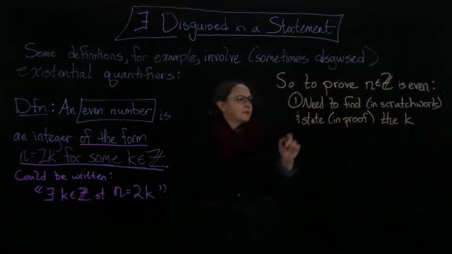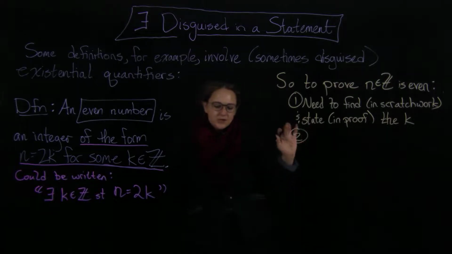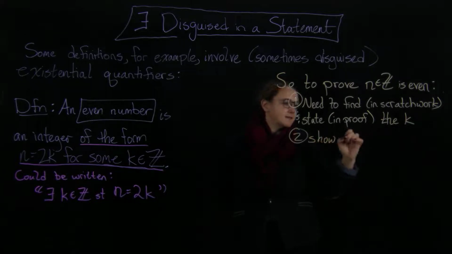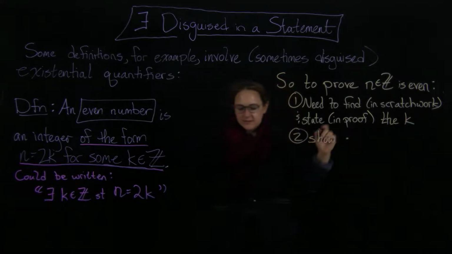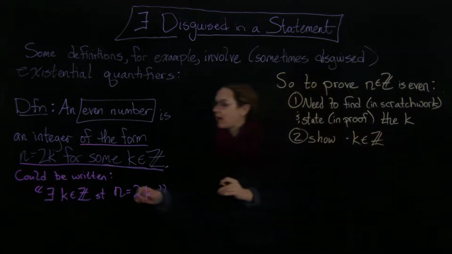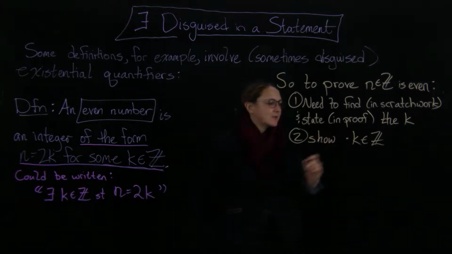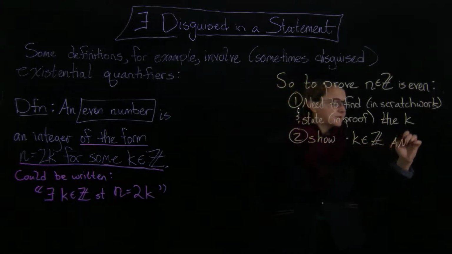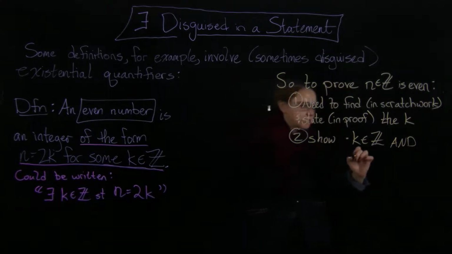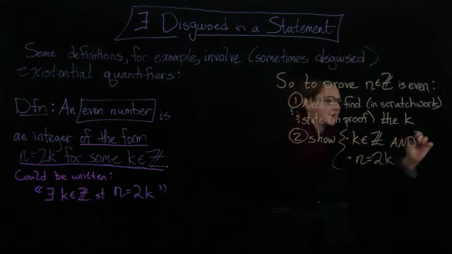The first thing you need to show is that k is actually an integer, because I said there exists an integer k satisfying this. You also need to show that n equals 2k. That would be the work in showing that this actually works.